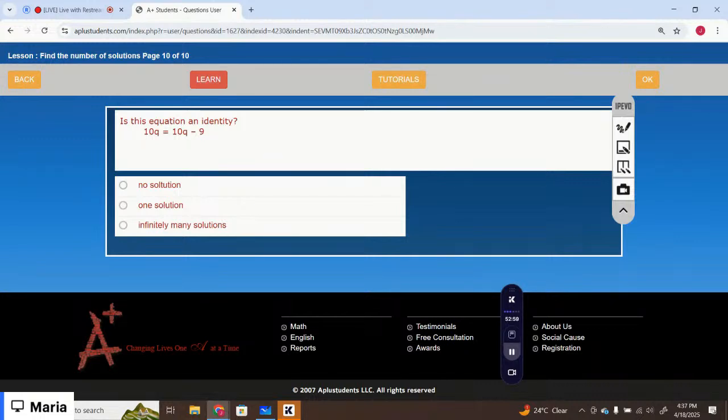Is this equation an identity? That is no solution. And we're done with the lesson.